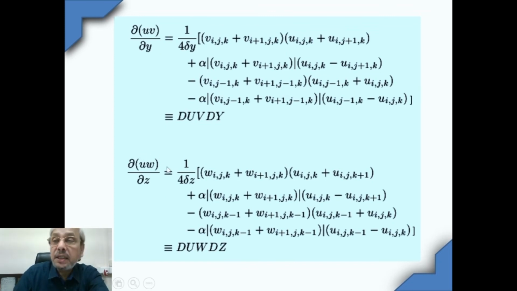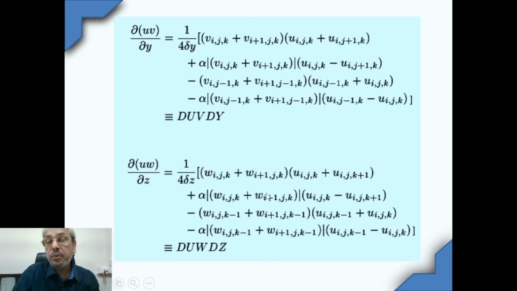Similarly, the third term of the x momentum equation is del z of uw. I am not explaining it. We have explained the first two terms. If you follow the way the first two terms have been handled, the third term will also be handled in a similar way. We have to write the expression first in central differencing.